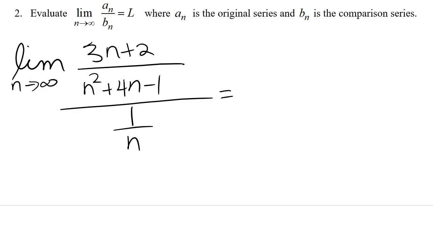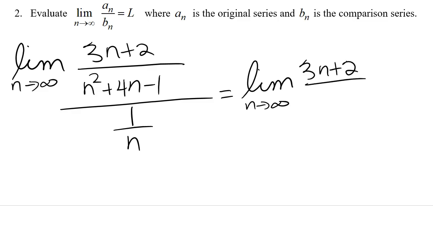By the way, this is a complex fraction. It means we're going to take the limit as n approaches infinity, and we're going to take that top fraction, 3n plus 2 divided by n squared plus 4n minus 1, and multiply it by the reciprocal of the denominator, so n over 1.